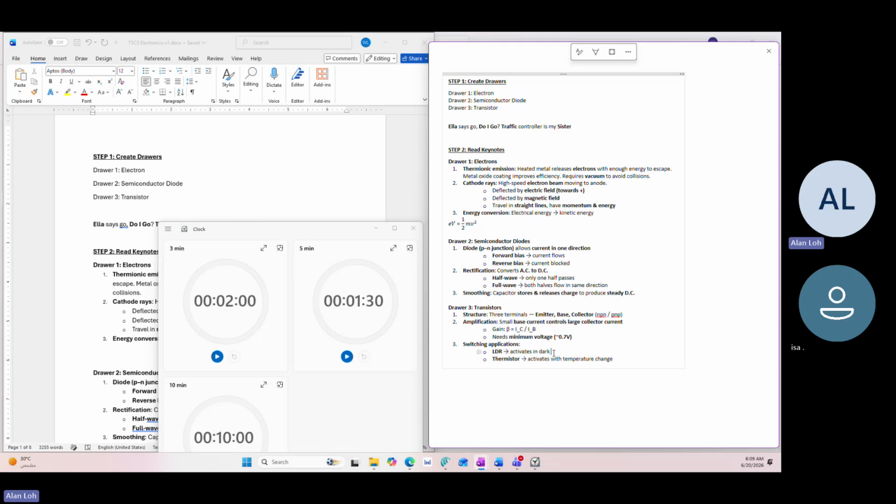Then you turn on the light, or the alarm, or the buzzer automatically. You don't need to switch it on by yourself. And also the thermistor is for temperature. For example, a fire alarm. Once it detects the temperature is high, that means hot, then it will turn on the fire alarm. Okay, so those are the 3 drawers.